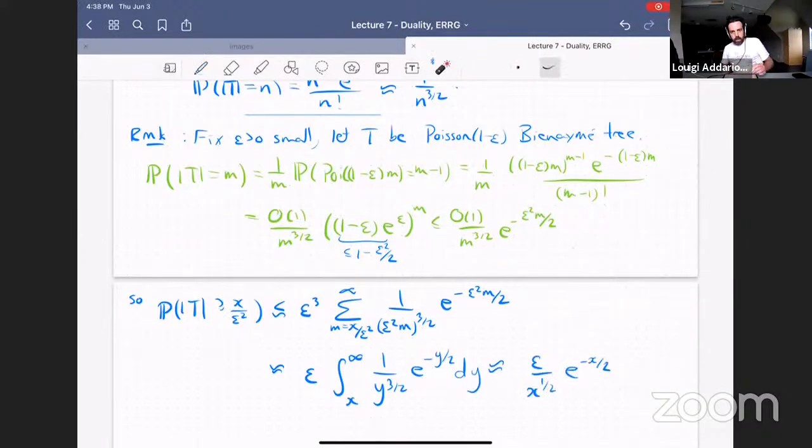Okay, so I'm not being terribly careful or precise or detailed about that, but all of this is perfectly rigorous, and you indeed get a bound which is order epsilon over x to the half e to the minus x on 2 for x bounded away from 0.